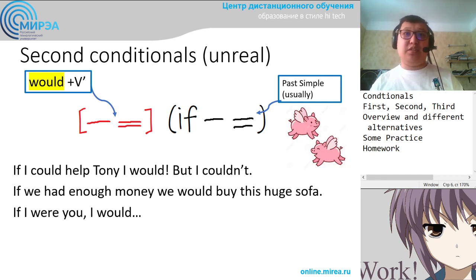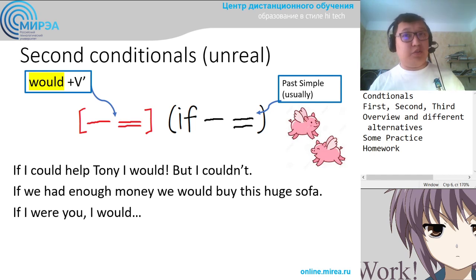As in this example, if I could help Tony, I would. By using second conditional, I kind of tell everybody that I don't think it is possible. So nobody can help Tony, but if I could, I would do that. But I can't, I couldn't do that.